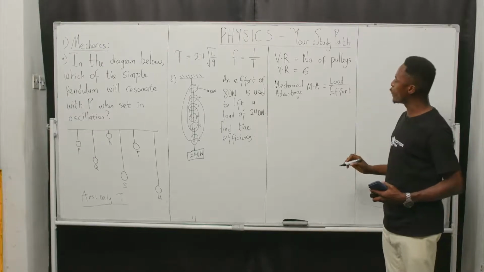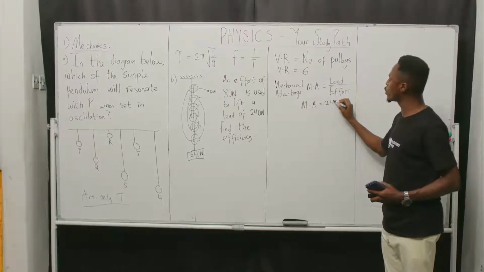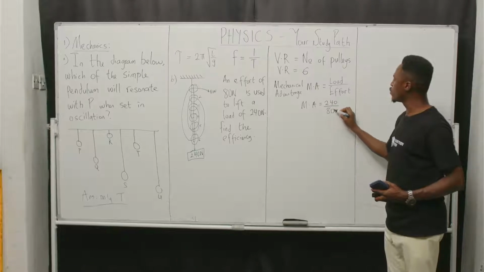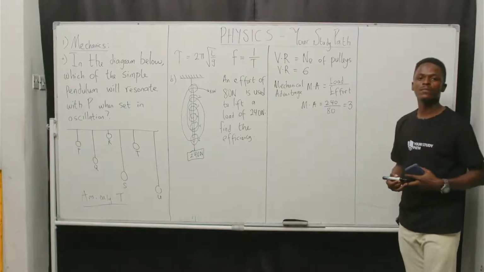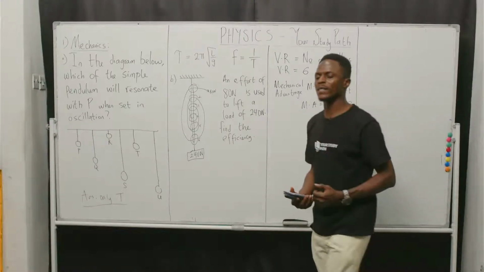Therefore, mechanical advantage becomes 240 over 80, giving us 3. We have our velocity ratio. We have our mechanical advantage.